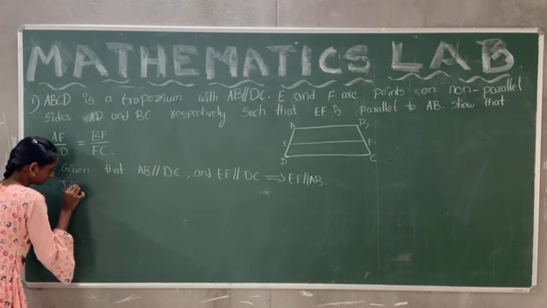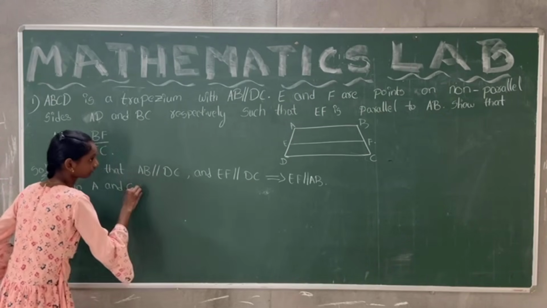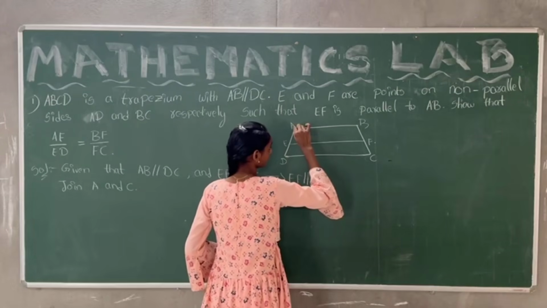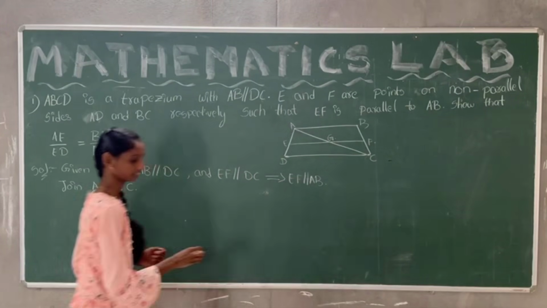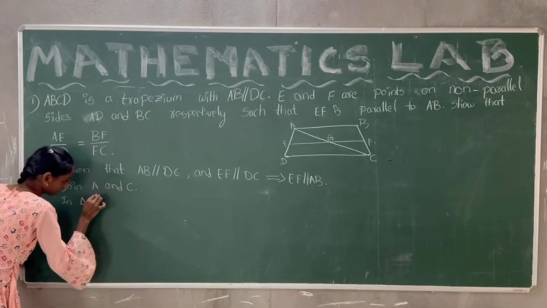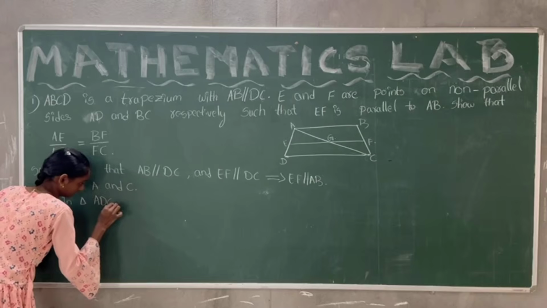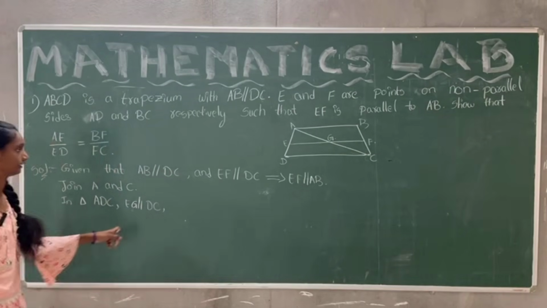Join A and C. Is the point G. In triangle ADC, EG is parallel to DC.